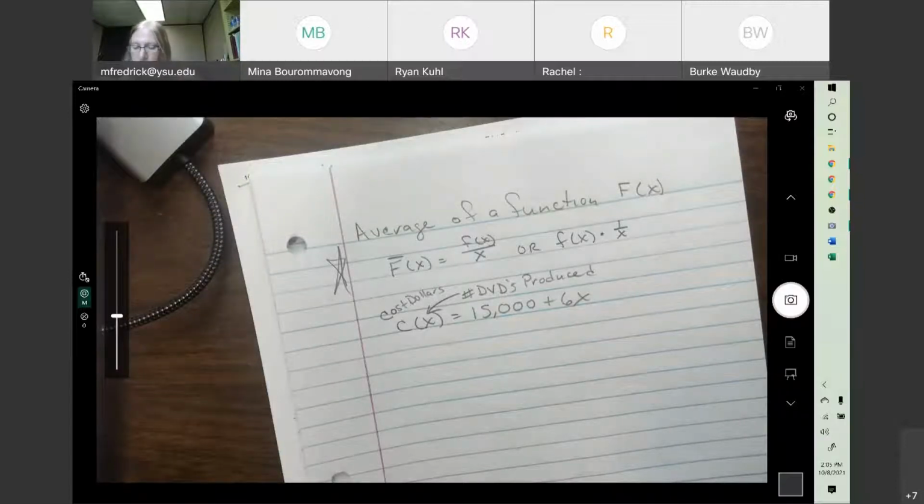Find the average cost function and then find the limit as x goes to infinity of it.